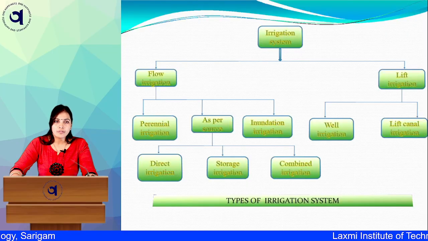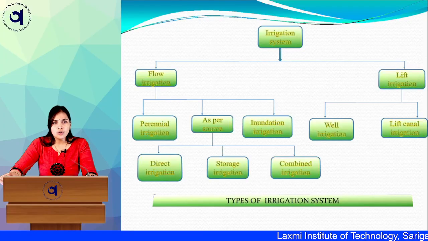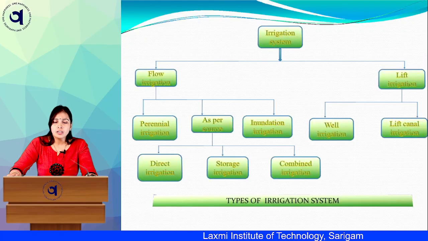Typically, our farmers, 50 years back or even now, where the canal network is not available, utilize this type of irrigation: lift irrigation, like well irrigation and lift canal irrigation.